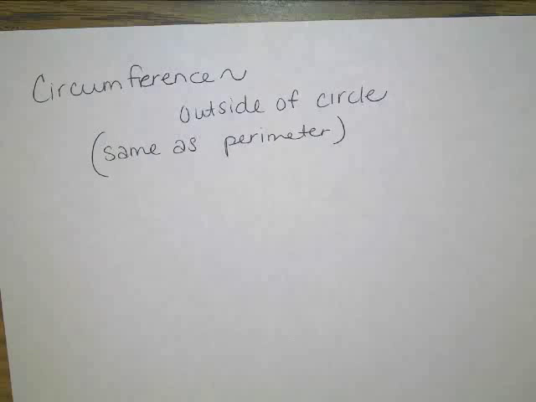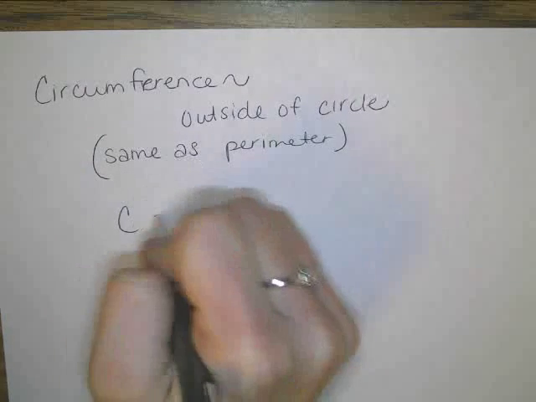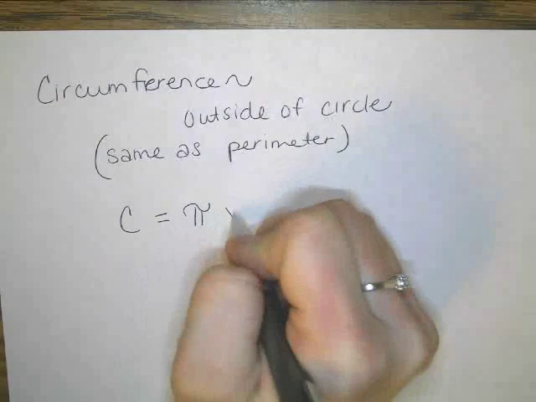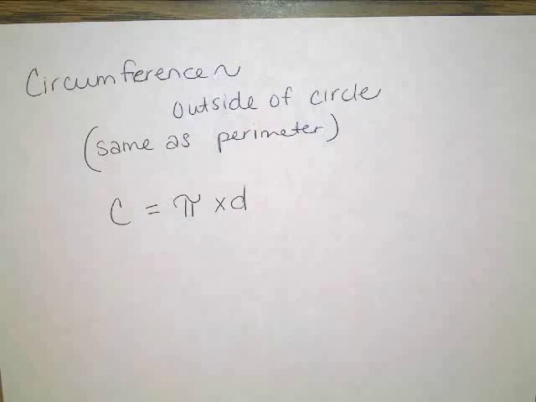Nobody is going to give me this? Not circumference. Oh, that's the area. Circumference is pi times the diameter. This is so complex.